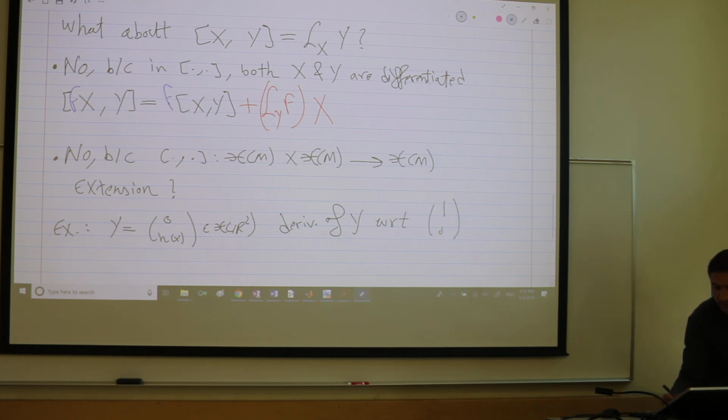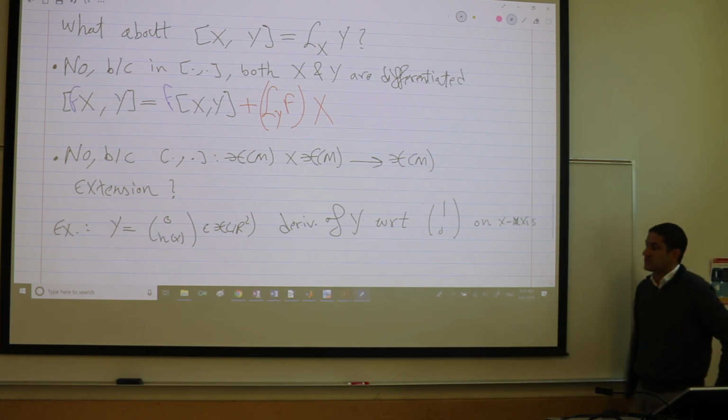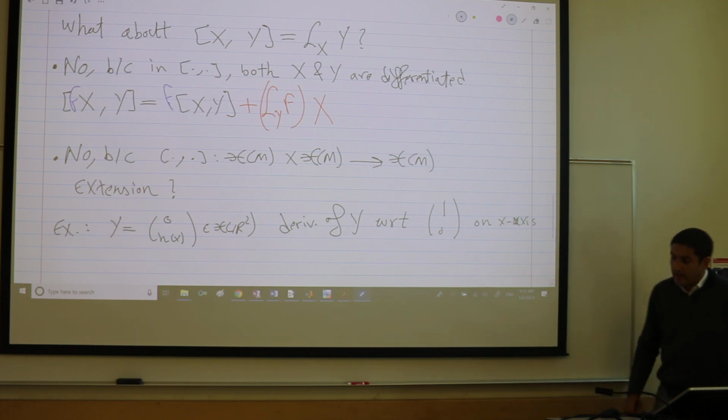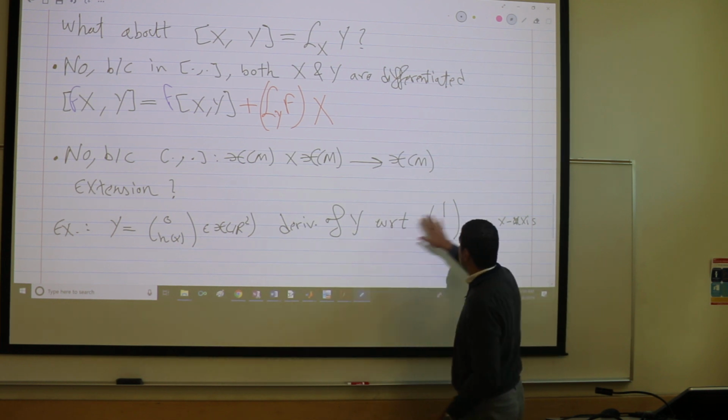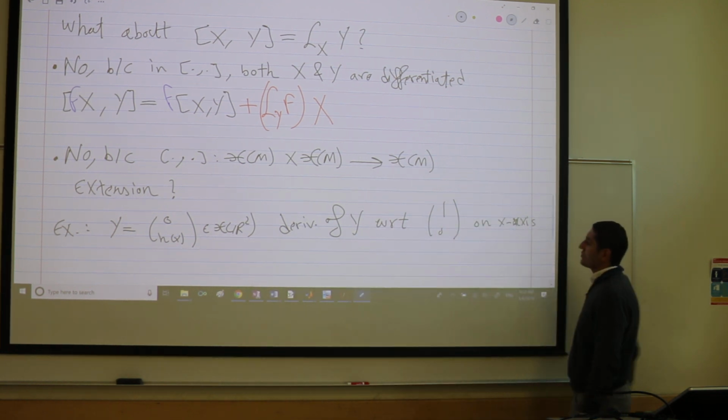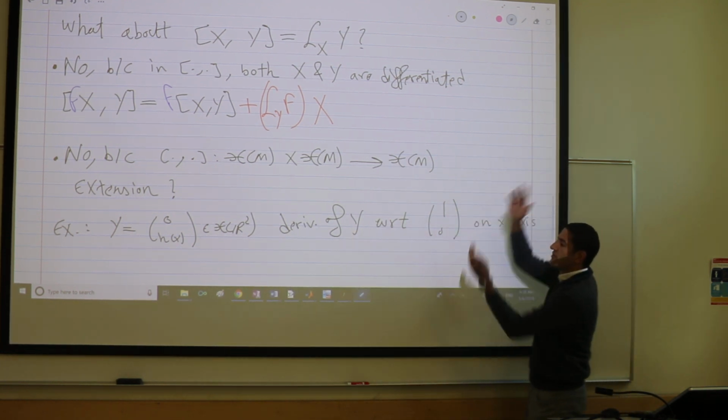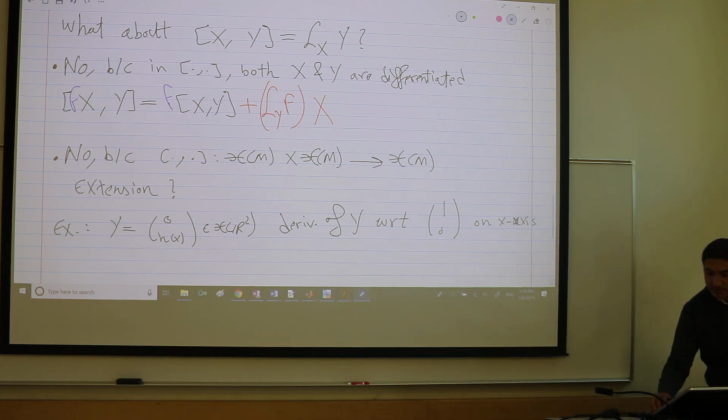And I want to compute this along the x-axis, y equals 0. Okay? Easy. So you're suggesting now to do the lead bracket between this guy and that guy, but this is not a vector field, so you're saying extend this as a vector field. Okay, let's try to extend it.